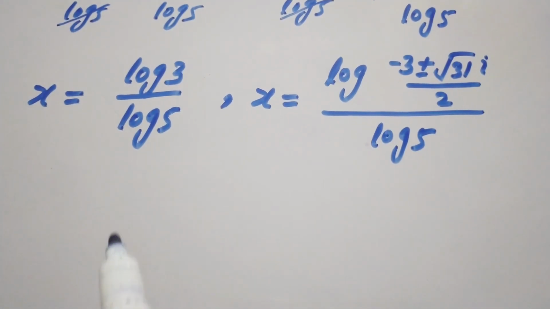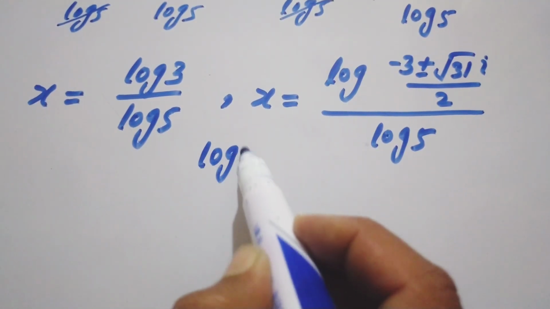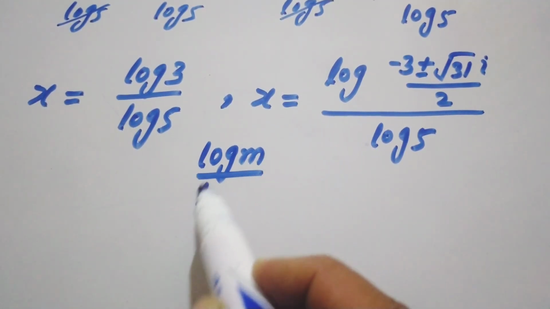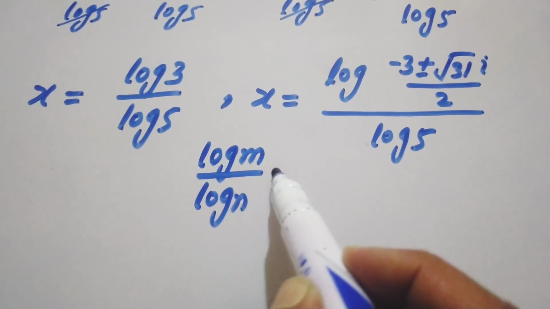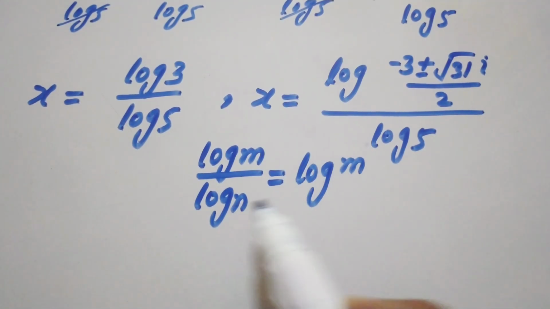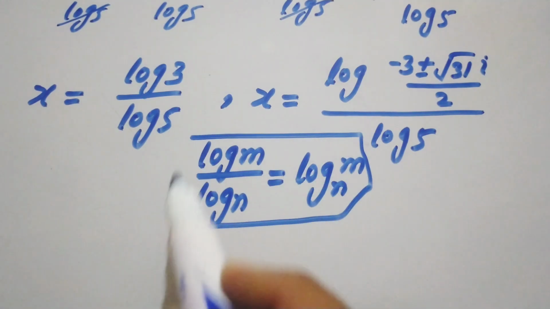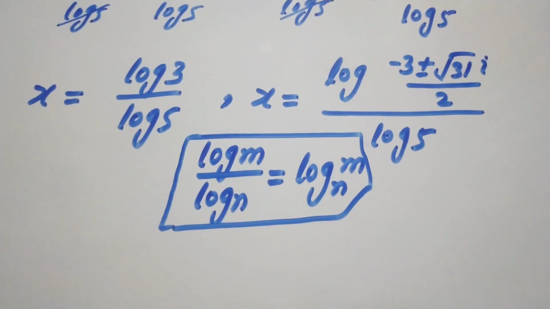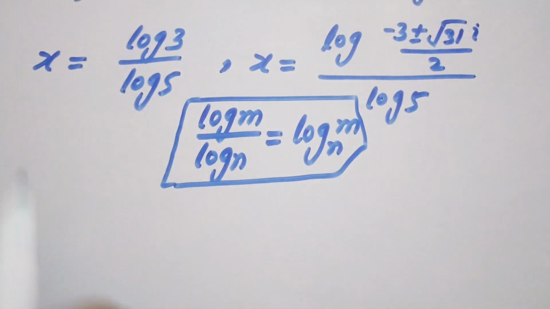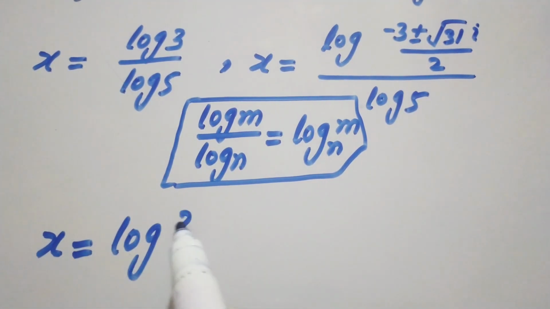Now by using another logarithmic property, that log of m divided by log of n is equal to log of m to the base n. Using this property here, this will become x is equal to log of 3 to the base 5.